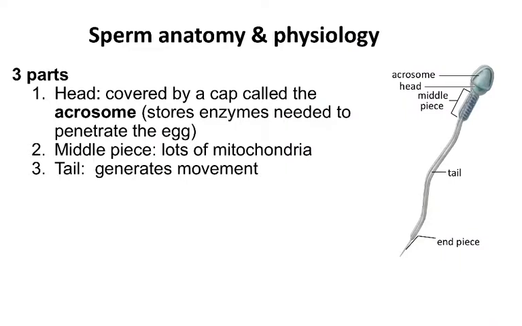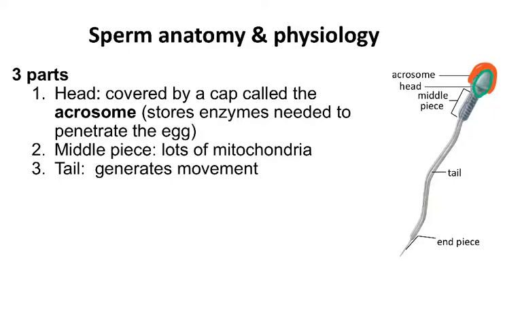Sperm itself, the overall anatomy and physiology is similar between different types of animals, but there are some differences in shape. So the head of the sperm is essentially a DNA delivery vehicle, and it's covered with this little protein cap, which is called the acrosome, and that contains enzymes that can dissolve the outer layer of cells around the egg.